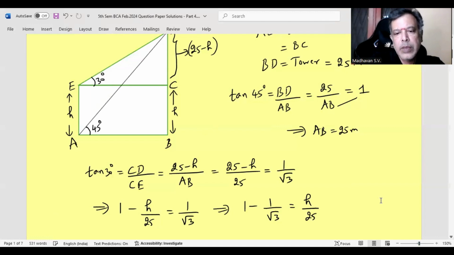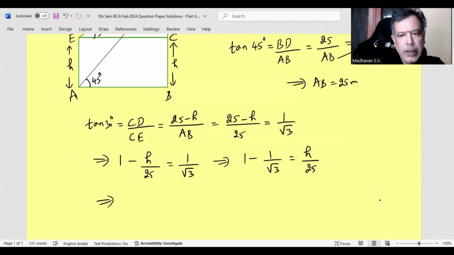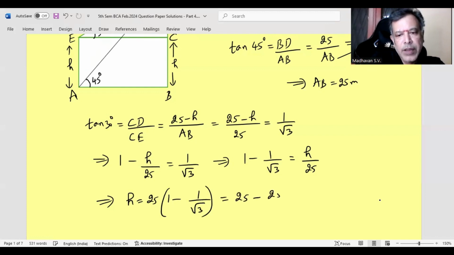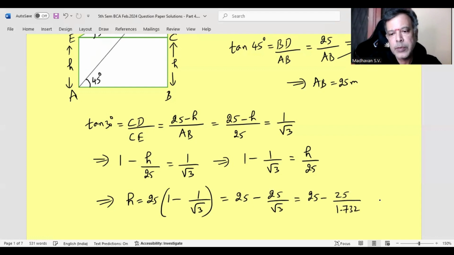So that means our h will be 25 times 1 minus 1 by root 3, which will be 25 minus 25 by root 3. Root 3 is 1.732.